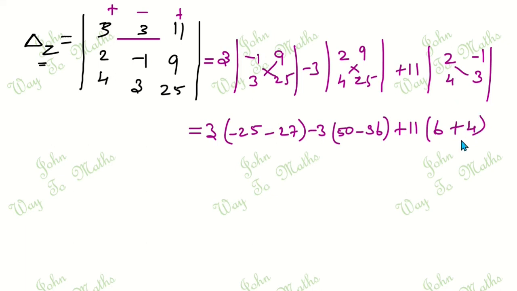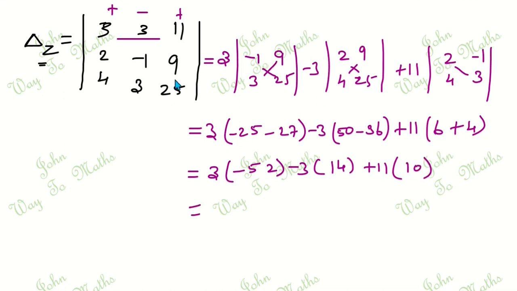Here comes plus 4, which is equal to 3 times of minus 25 minus 27 becomes minus 52. Then minus 3 of 50 minus 36 becomes 14. Then plus 11 of 6 plus 4 becomes 10.